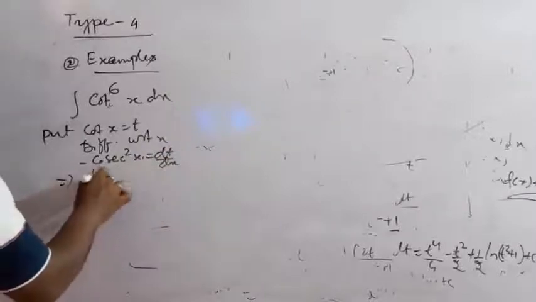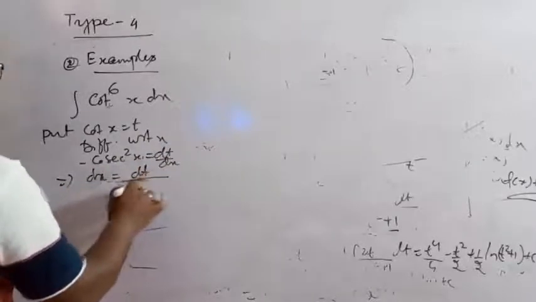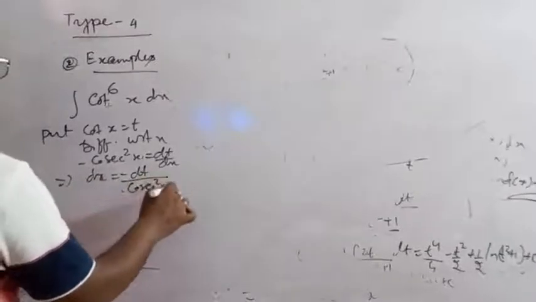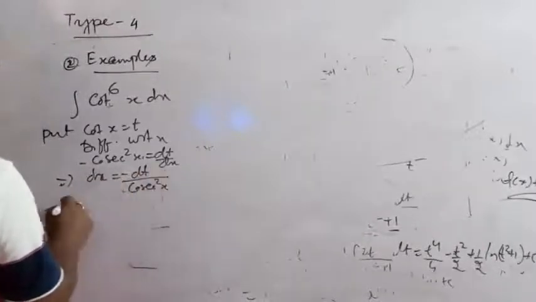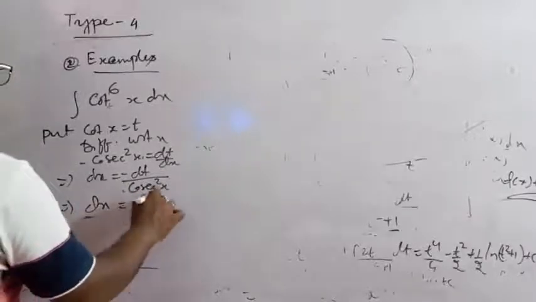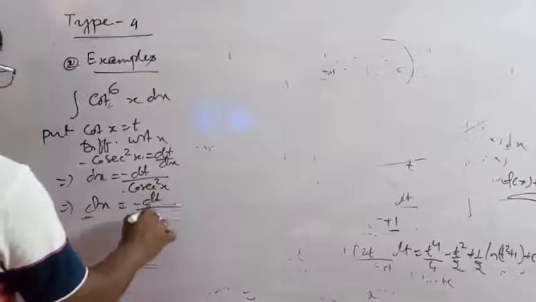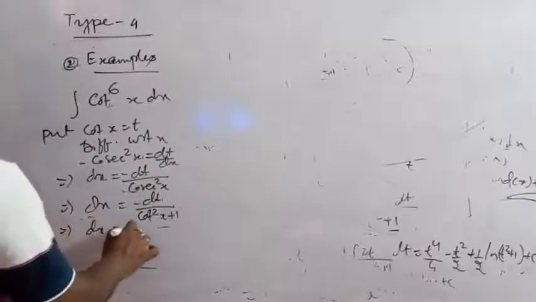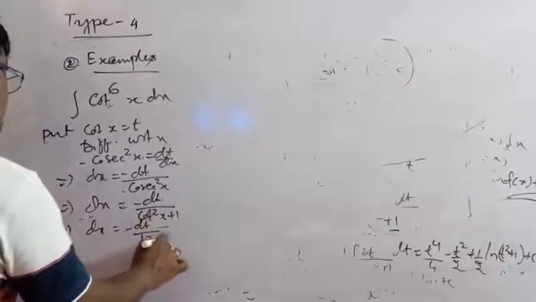So dx is equal to dt by minus cosec square x. So dx is equal to minus dt by cot square x plus 1. So dx is equal to minus dt by t square plus 1.